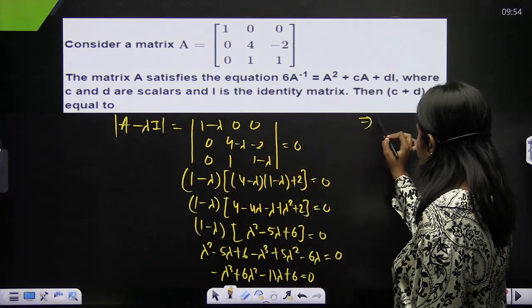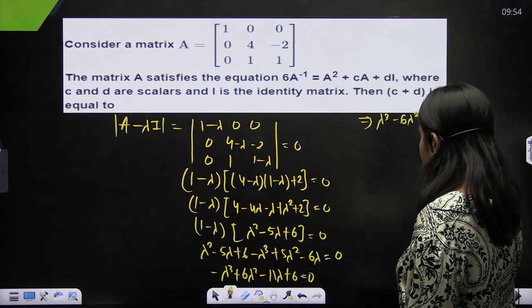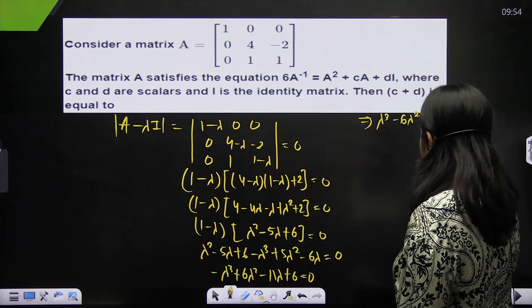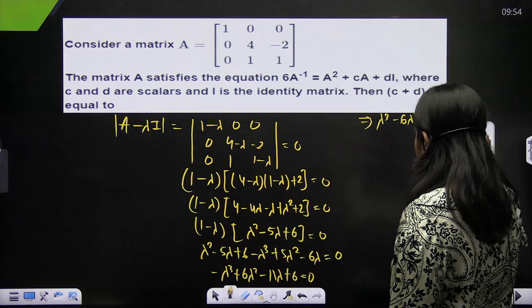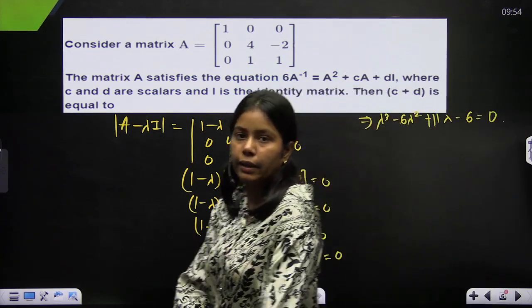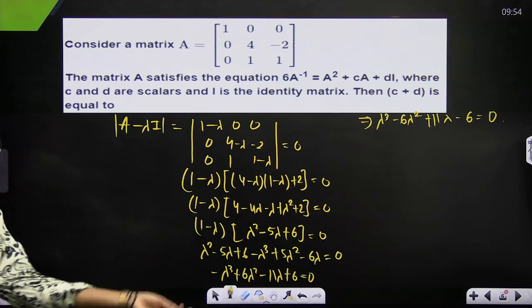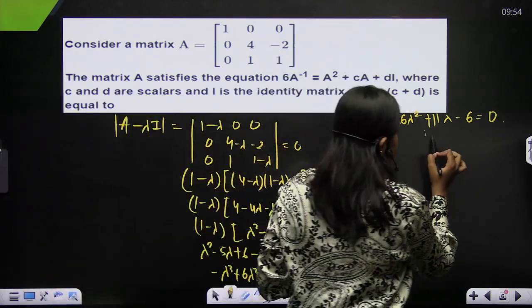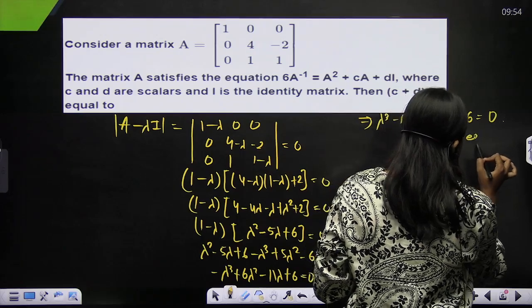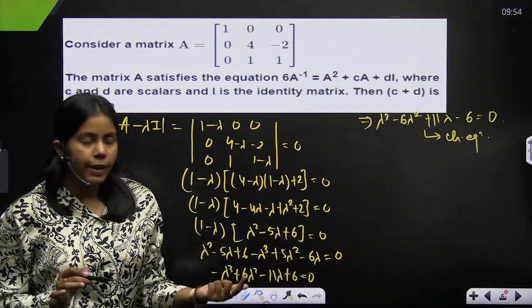I can write it as lambda cube minus 6 lambda square plus 11 lambda minus 6 equals 0. So this is my final characteristic equation. Right, so every matrix satisfies its characteristic equation.